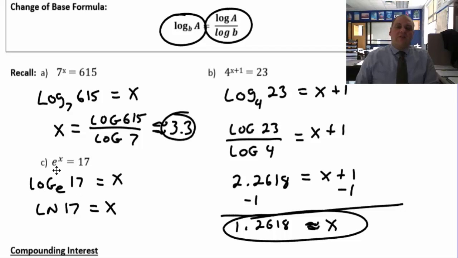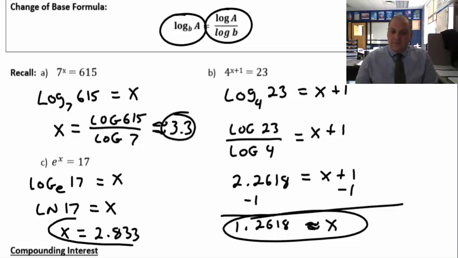Again, whenever you see log base e, that's a natural logarithm. We didn't really talk too much about why that is. It's kind of a definition you need to know. So the ln button on your calculator when you get to class tomorrow, ln 17 is going to be the answer here. X equals ln 17, which is 2.833. All right, and that's going to be it for this video.